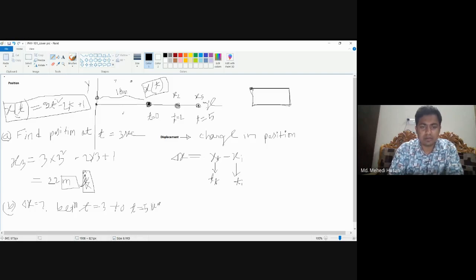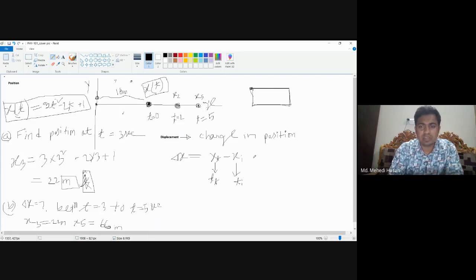In this case we have to find the positions first. x3 is 22, and for x5, if we put the value t equal to 5 in that equation, 5 square is 25, into 3 is 75, minus 10, which is 65, so 66 meter. 66 meter is x5.